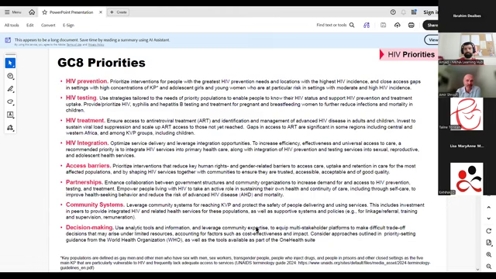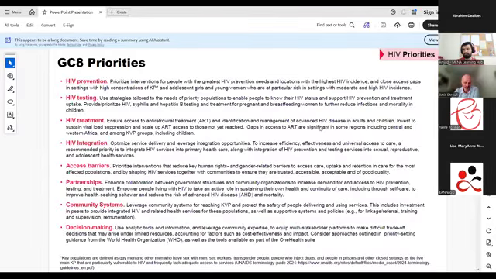The other thing that we are going to try to support countries on more for this cycle is advanced HIV disease and really addressing mortality from HIV. Mortality has not declined to the extent and as fast as it should, and that is a key part of what we are all trying to achieve in the HIV response.